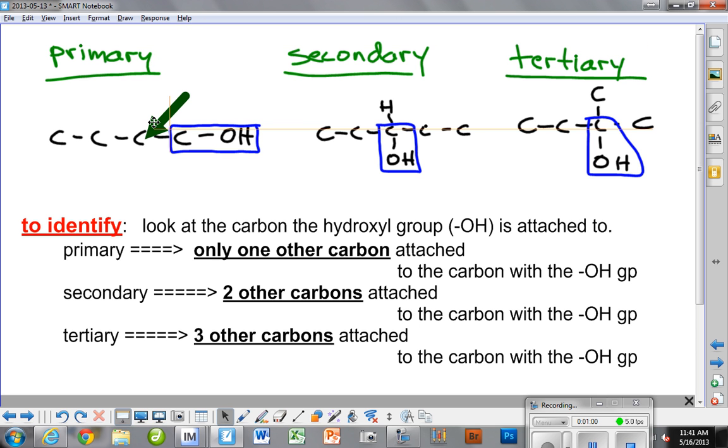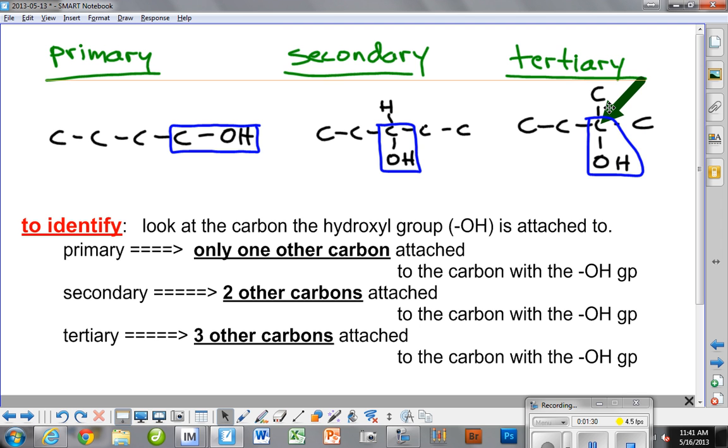Primary refers to one carbon hooked to the carbon that's hooked to the hydroxyl group. Here we have two carbons hooked to the carbon that's hooked to the hydroxyl group, 1, 2. The hydrogen doesn't mean anything other than that this carbon was also bonded to a hydrogen. Over here on tertiary, we're hooked to 1, 2, 3 other carbons.